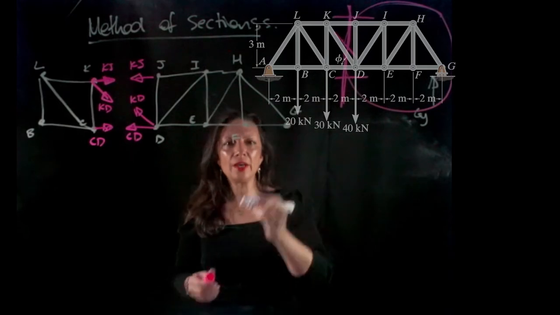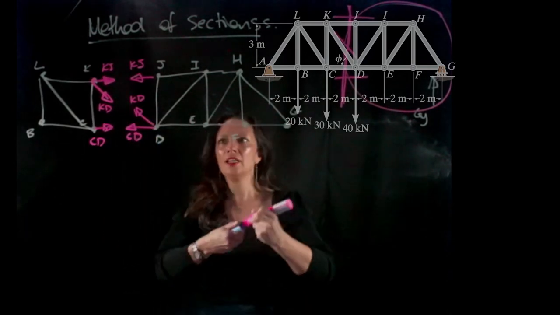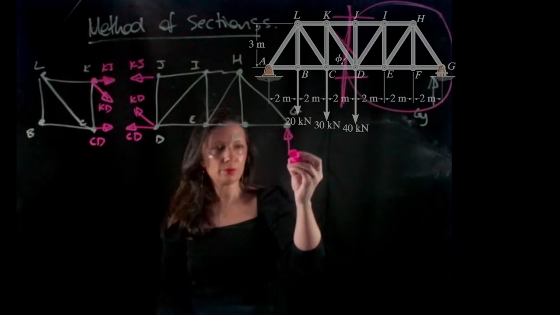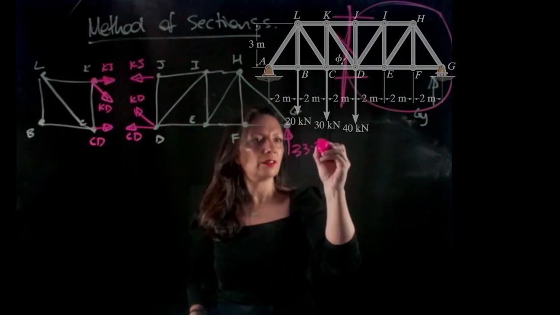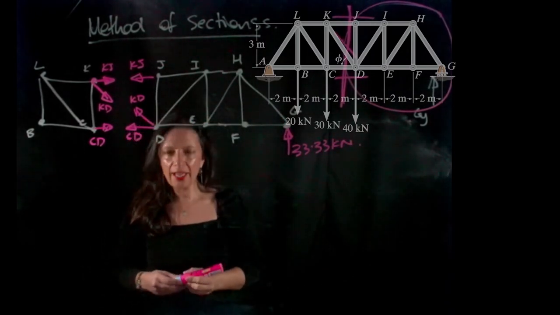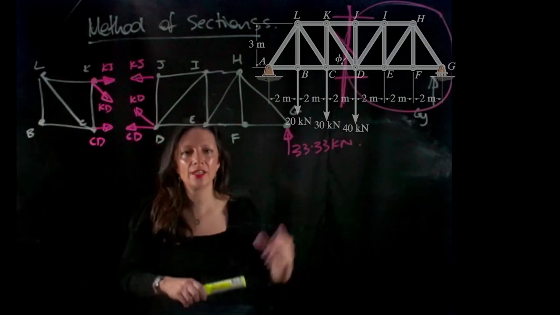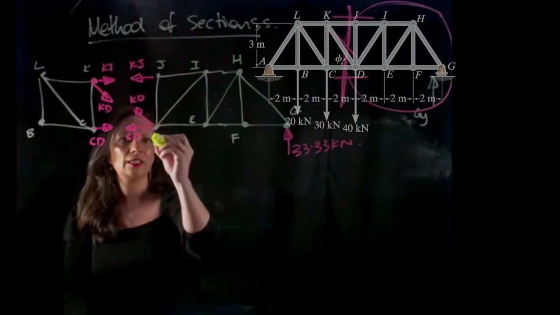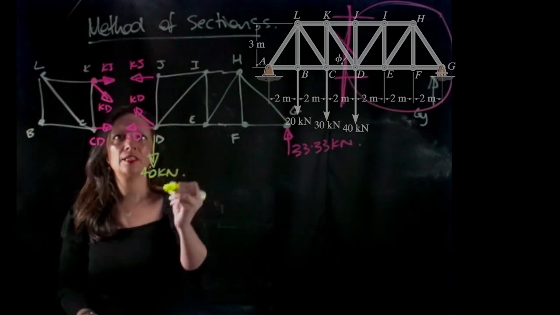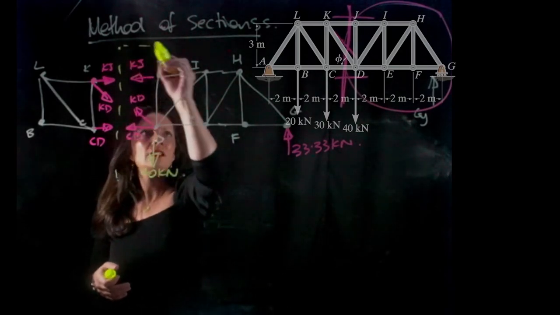And so we know at G we have our reaction force that we calculated earlier, which is 33.3 kilonewtons. And we know that at D we have 40 kilonewtons, and that's in our question. So we're only looking at this side of the truss.